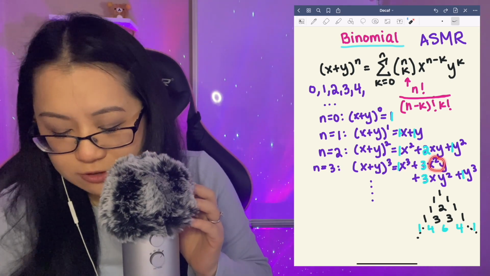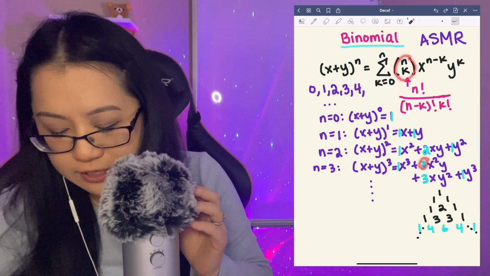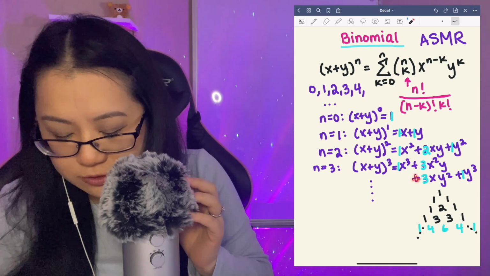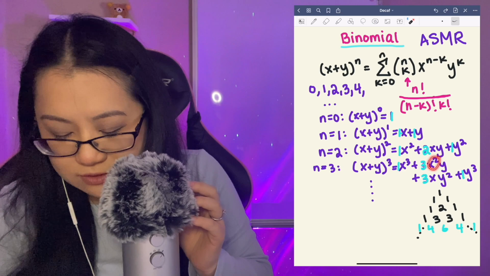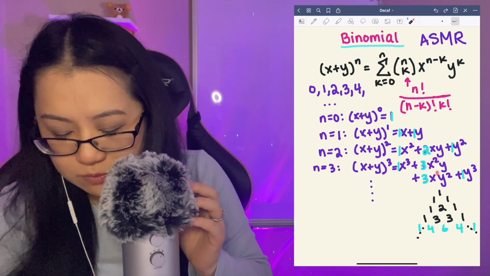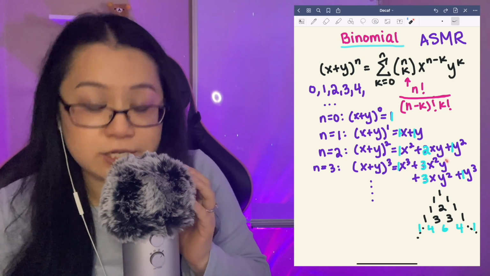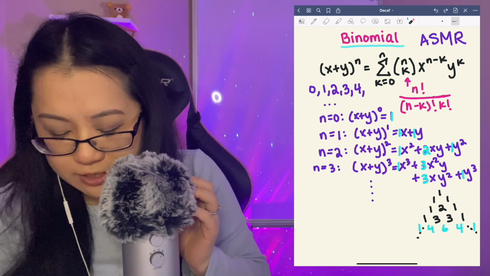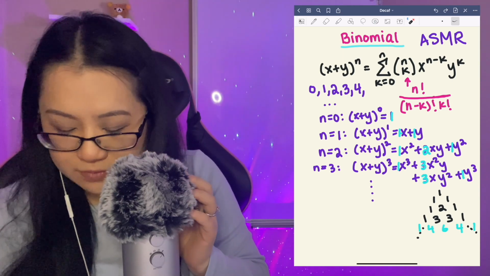So the next term will be x squared y with the coefficient of 3 in front. Then the next term, so you do plus for the sum, you take 1 less for x, so from 2 down to 1, which is just x, and then you go up 1 in y, so from y to y squared, and you still have another 3 because it's 1, 3, 3, 1.